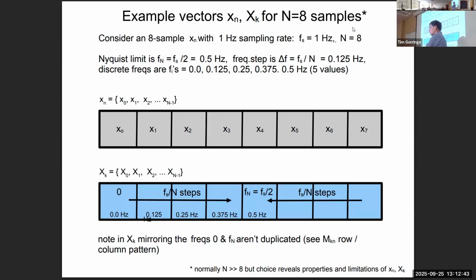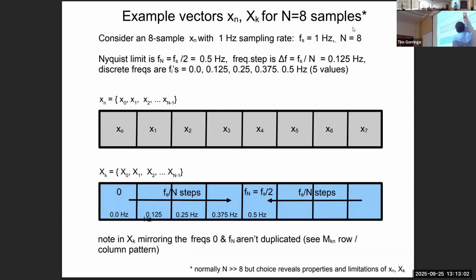That's the spacing between the frequencies that I'm capable of measuring. This is a very coarse measurement of frequencies. If I wanted a fine measurement of frequencies, I would have to have many more data points than 8.